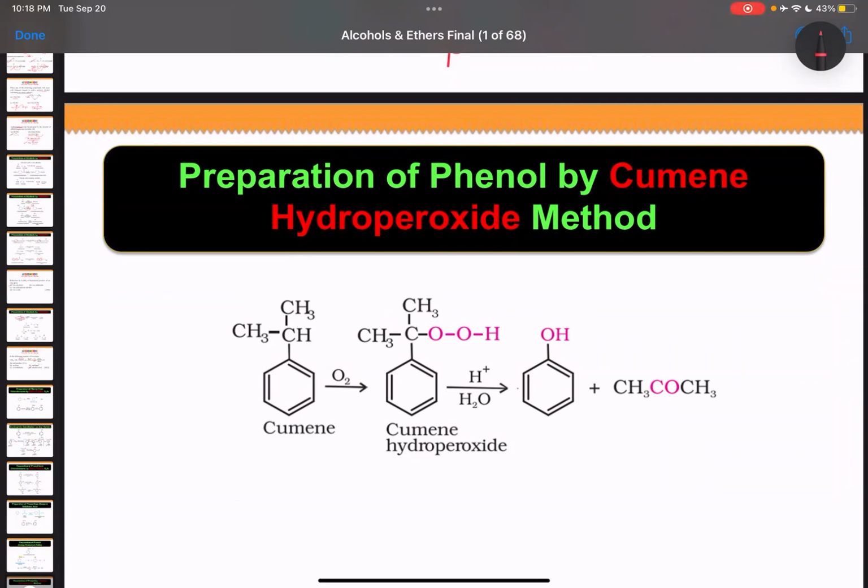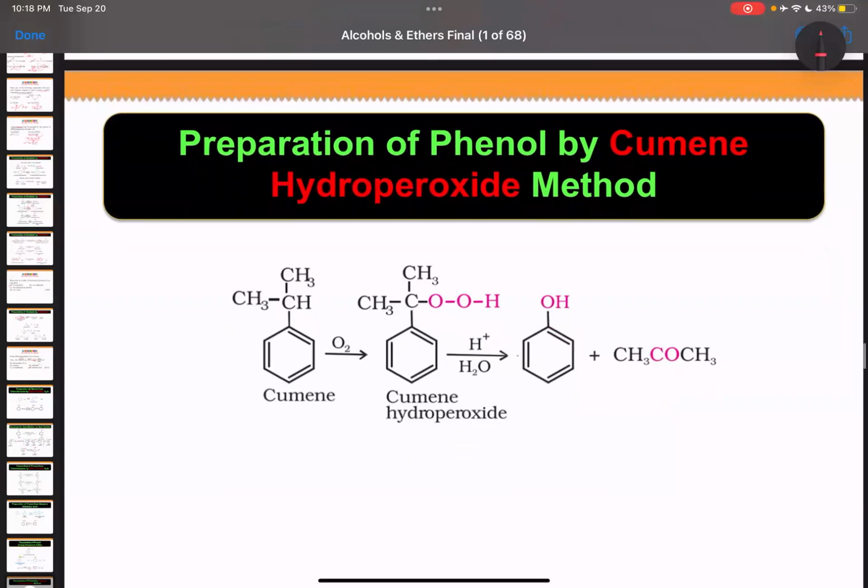So what is cumene? Sir, isopropyl benzene. And how can you prepare it from benzene? They give you the preparation of cumene also, not directly cumene. Not by Grignard.